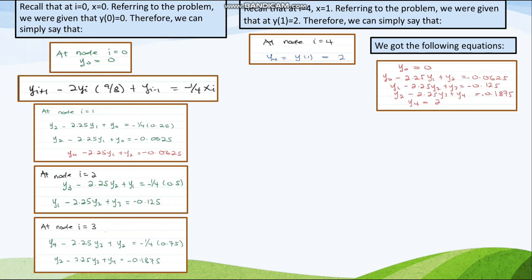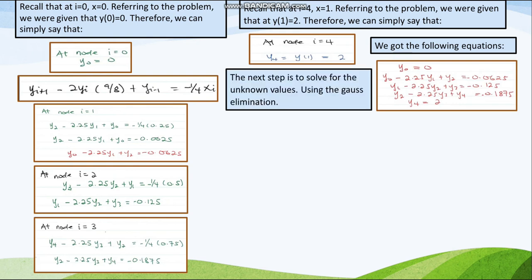Equation 4, y sub 2 minus 2.25 y sub 3 plus y sub 4 is equal to negative 0.1875. And our equation 5 is y sub 4 is equal to 2. Notice that we have already obtained the values of y sub 0 and y sub 4, which are equal to 0 and 2 respectively. The next step is to solve for the unknown values.